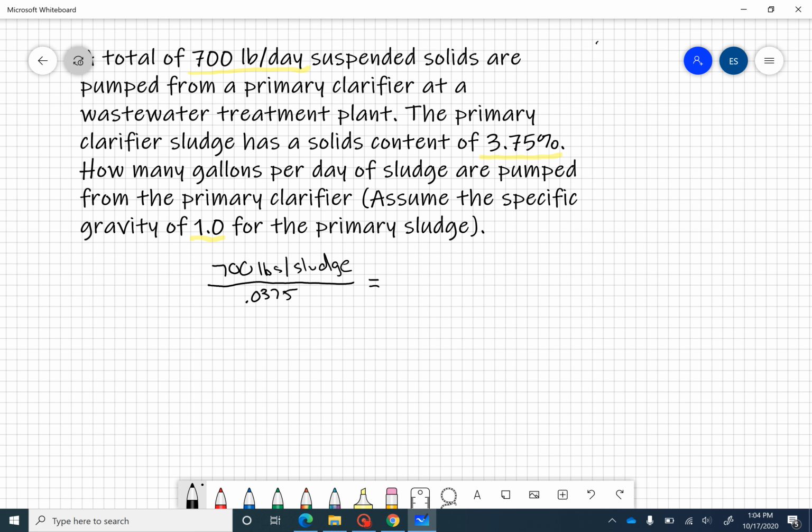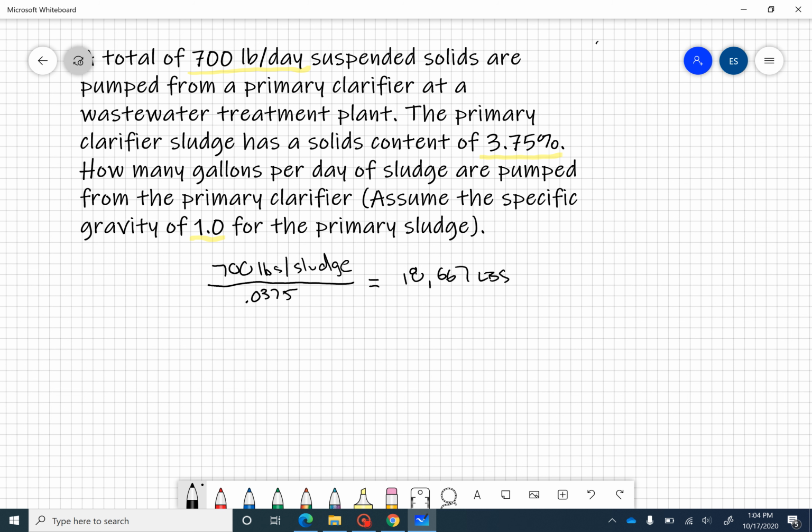And now you do have to convert that to a decimal. So if I divide 700 by 0.0375, I get the total pounds of sludge, 18,667 pounds.